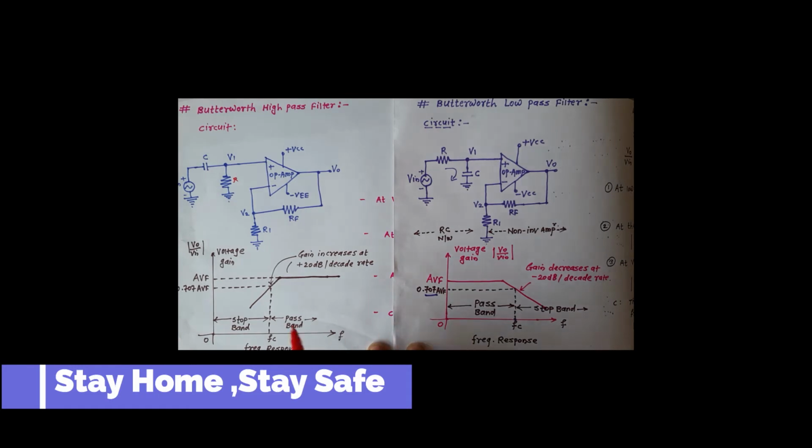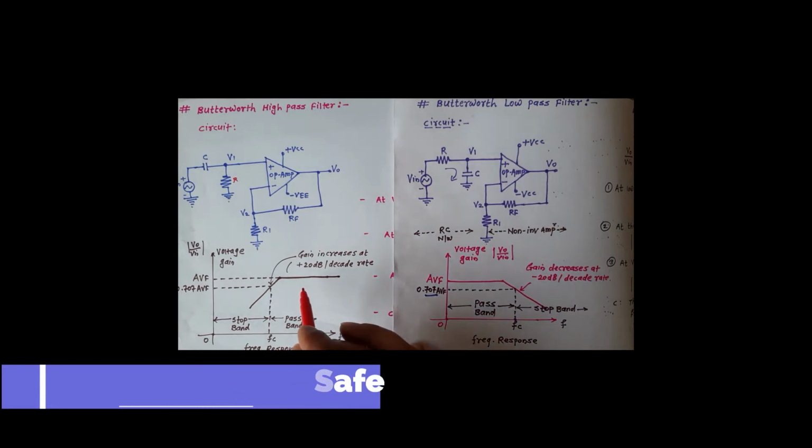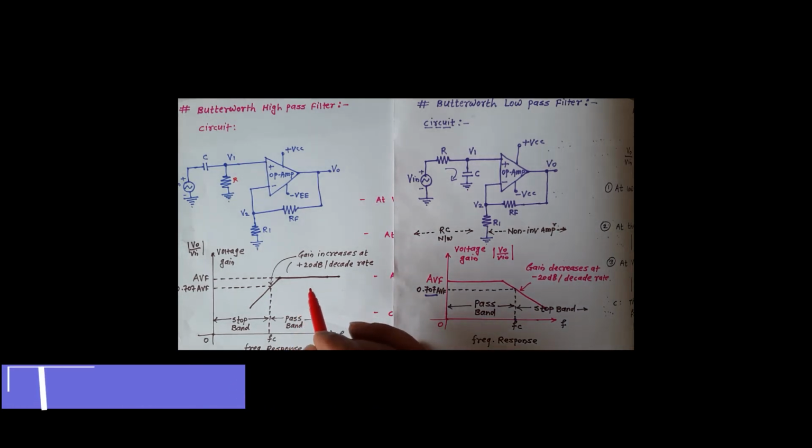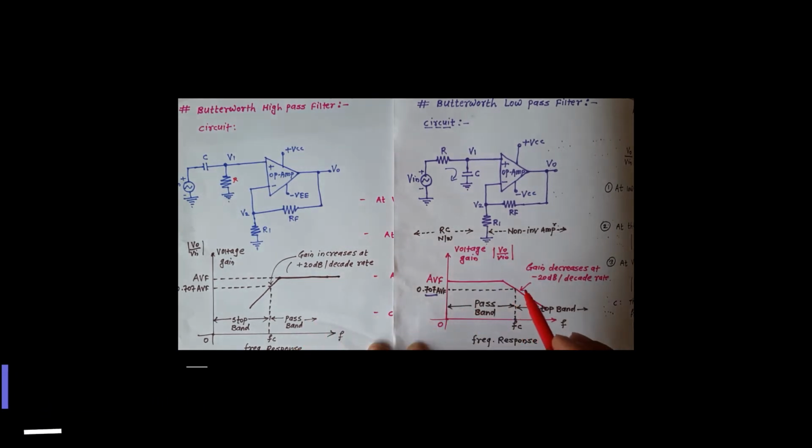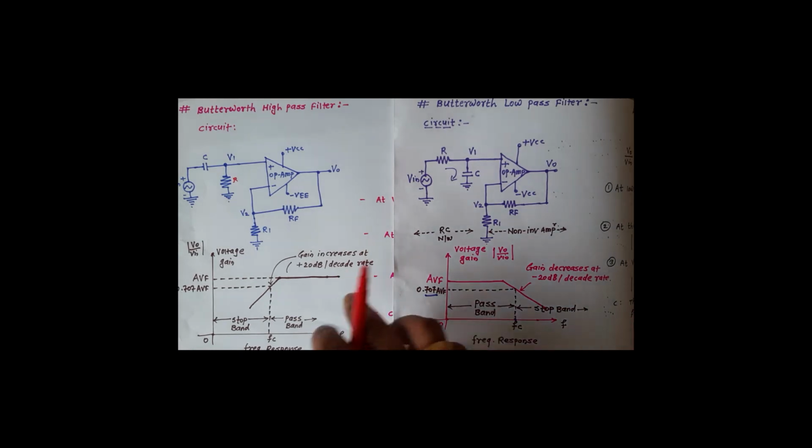But in this high pass filter, the gain is going to increase when the operating frequency is going to increase, right? So this gain increases at the rate of plus 20 dB per decade, and in low pass filter the gain was decreasing at the rate of minus 20 dB per decade. This is the main difference between the frequency responses of the low pass filter and high pass filter, right?